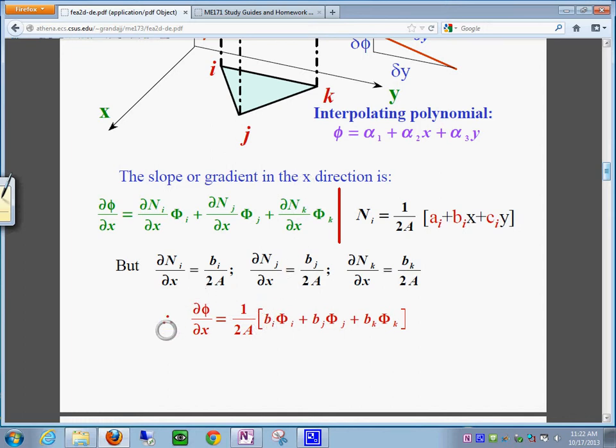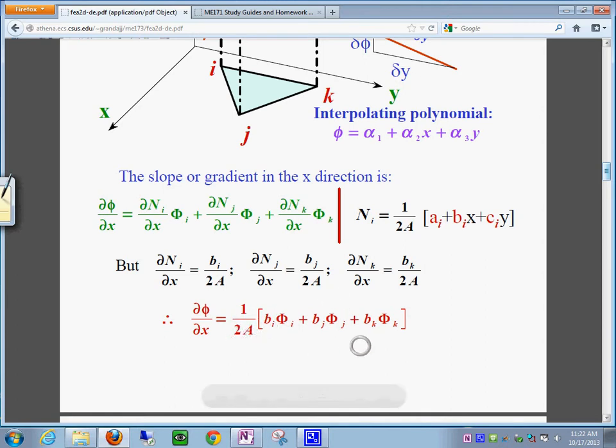And in Galerkin's style, you see here, that whole algebra is reduced to this simple expression, and then the division by the area here.